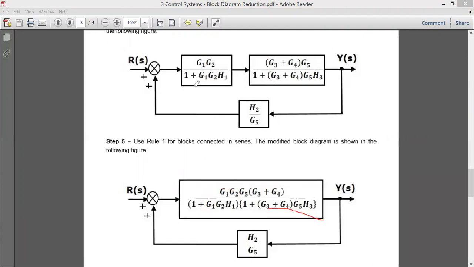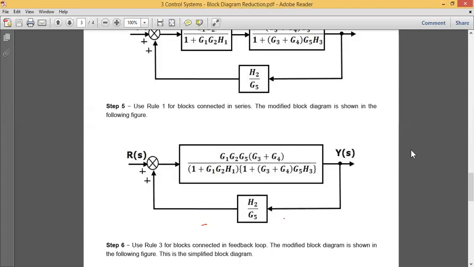Whole divided by, you just multiply these two brackets. How to multiply? 1 plus G1, G2, H1. Keep it here. Then the second block is 1 plus G3 plus G4, G5 and H3 I have kept here. Okay, so what is my new modified diagram? The new modified diagram is this.